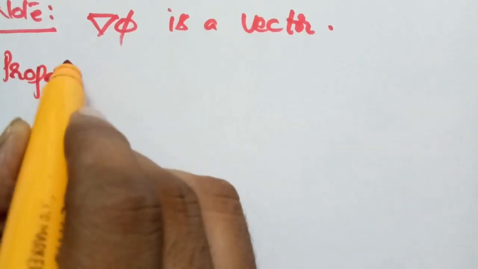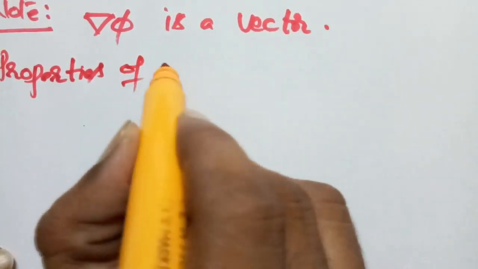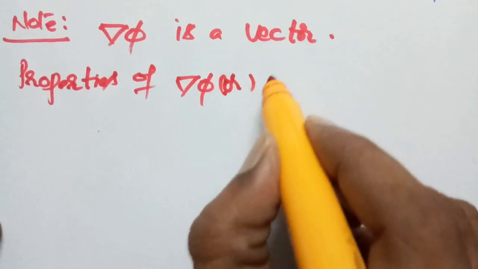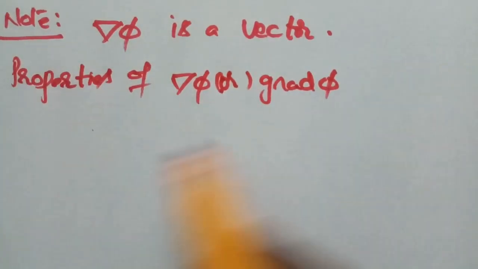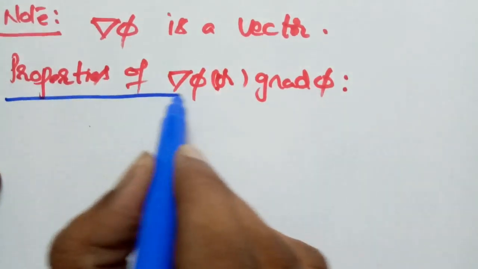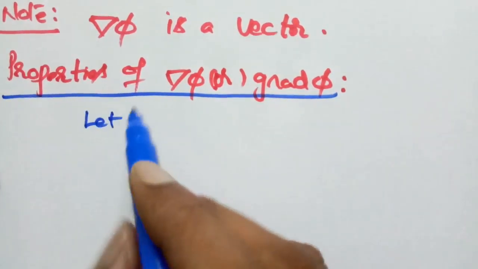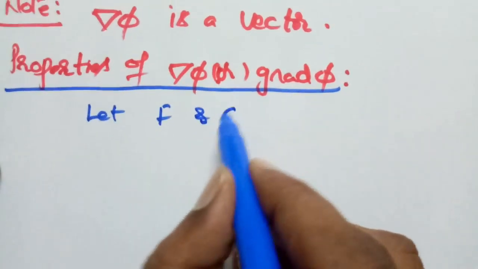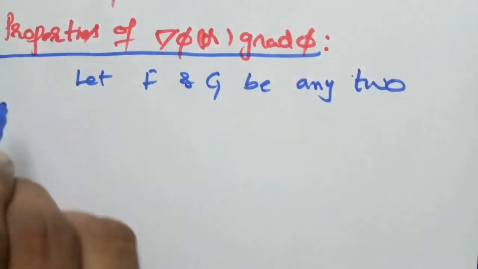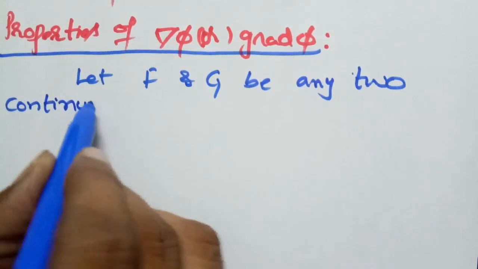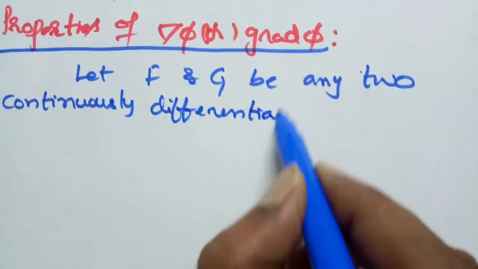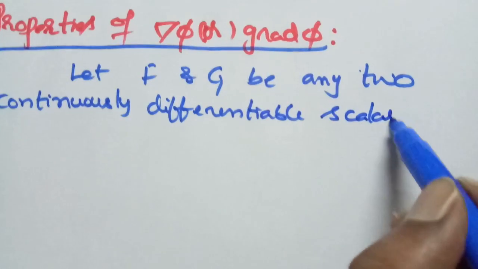Properties of del phi are as follows. Let f and g be any two continuously differentiable scalar point functions.